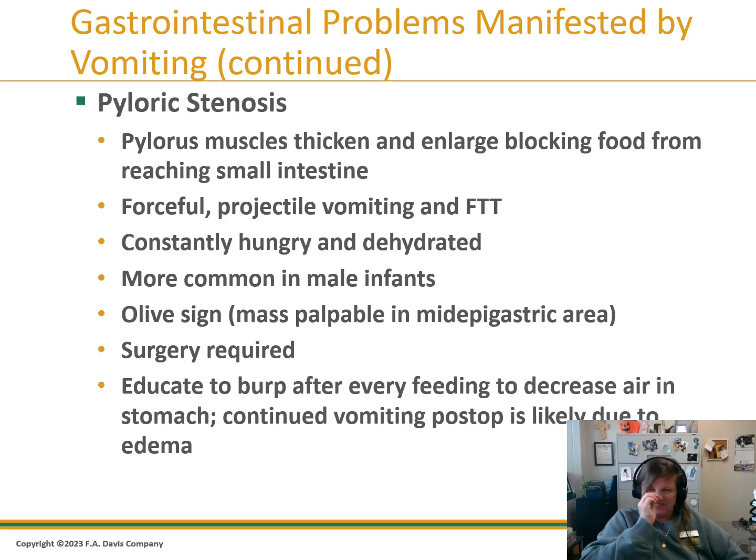All right, on to our next condition that is vomit related. Okay, so this one, pyloric stenosis.